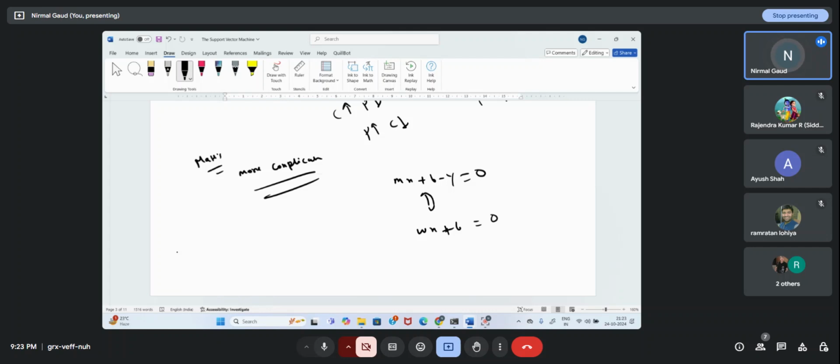And how will this comparison be made? You have mx minus y plus b equal to 0. You can write mx plus minus 1 y plus b equal to 0. Here I can write m, minus 1 and x, y.